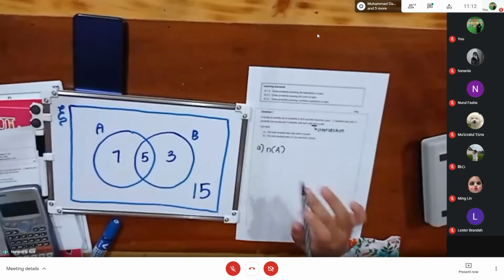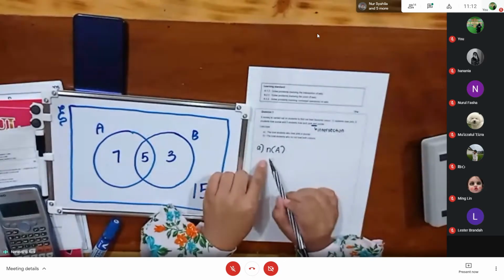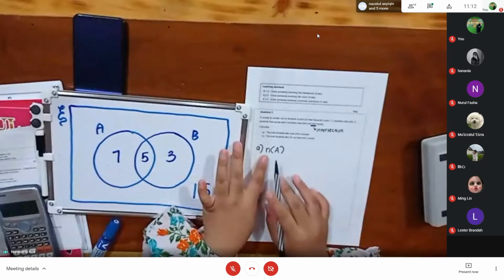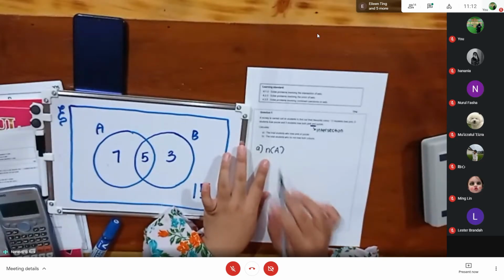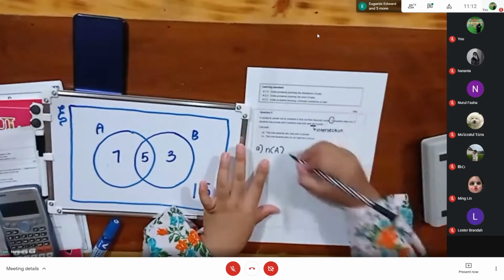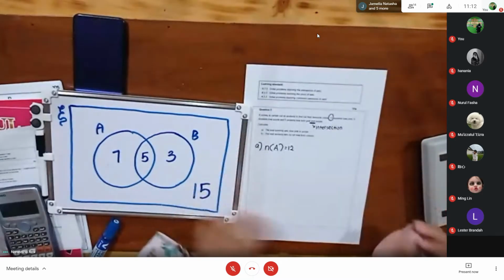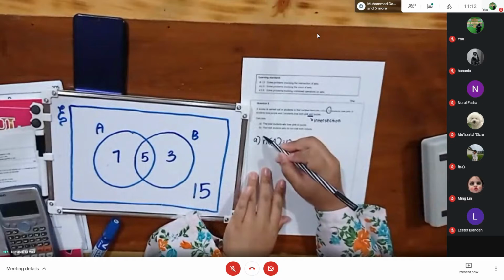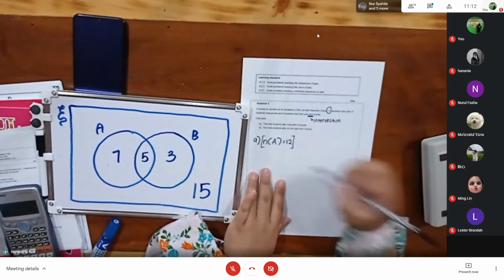The number of elements in set A. This is what is meant by this notation: the number of elements in set A. The number of elements in set A is 12. I just want to show you whether you know this n or not. Now turn back to the question.